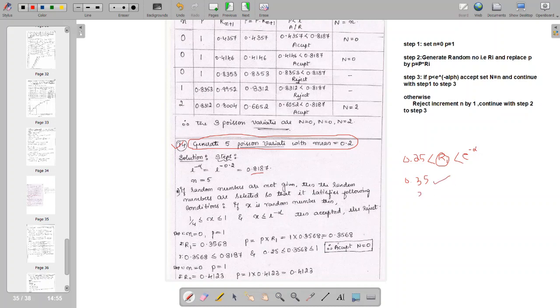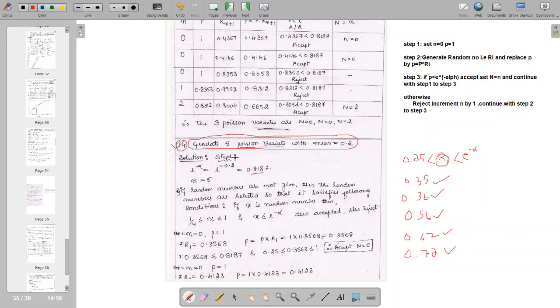Second, I will assume 0.36. 0.36 is less than e to the power of minus alpha, yes, it is also accepted. 0.56 is less than e to the power of minus alpha, yes, again accepted. 0.67 is another random number I assumed. 0.67 is less than e to the power of minus alpha, yes, again it is accepted. 0.72 is less than e to the power of minus alpha, yes, again it is accepted.